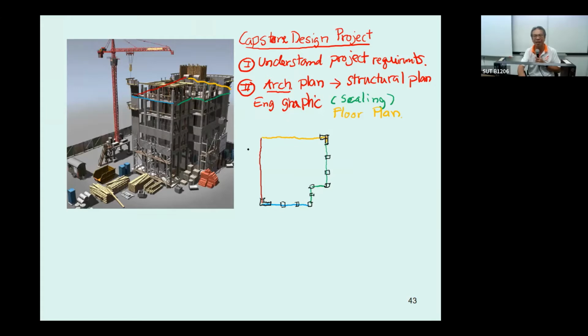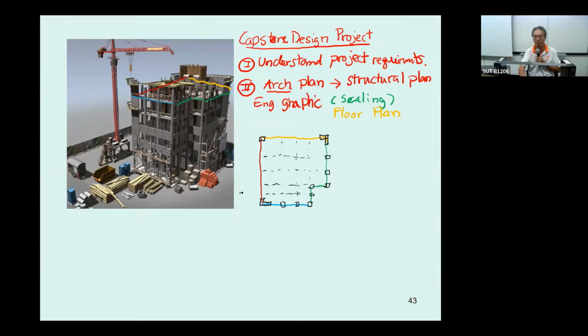Okay, and then along this one we're supposed to have the column, and most of the columns will project in the same line. Okay, and in the drafting of this kind of floor plan, you got to set up the reference line.